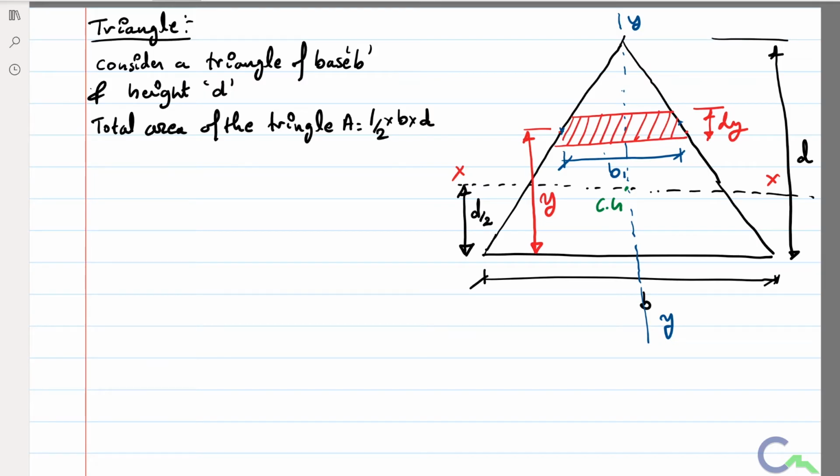So I will take this base as AB for my reference. So from this reference axis I will take our elementary strip at a distance of y. I have taken width of the elementary strip b1 and thickness of the elementary strip dy.